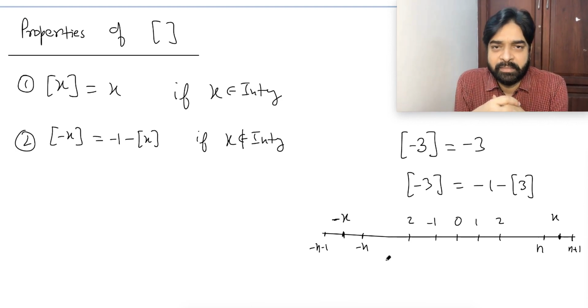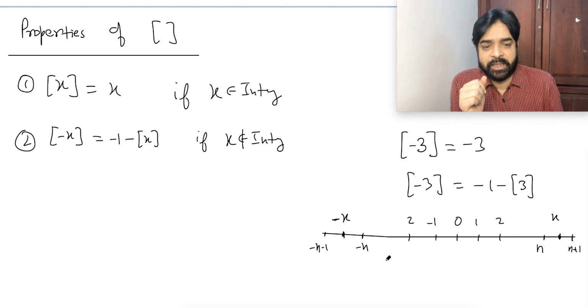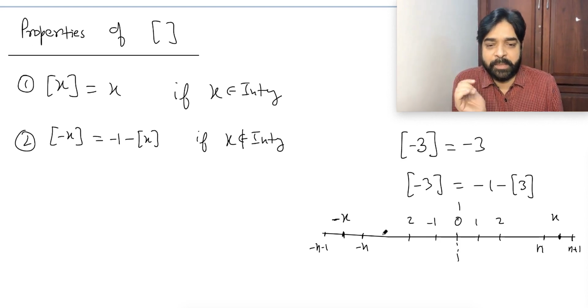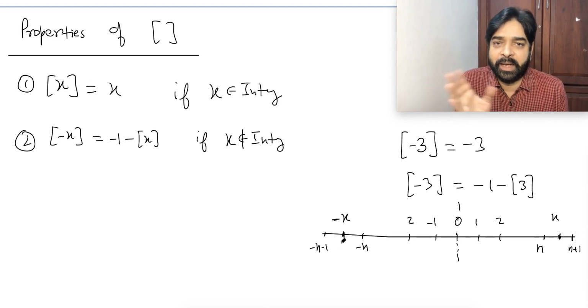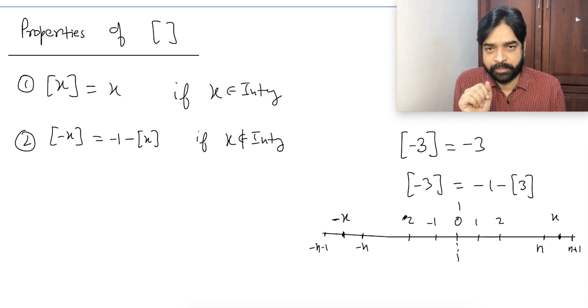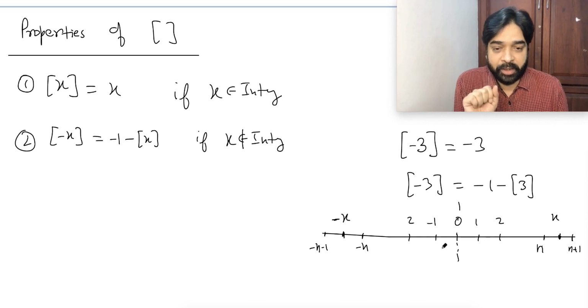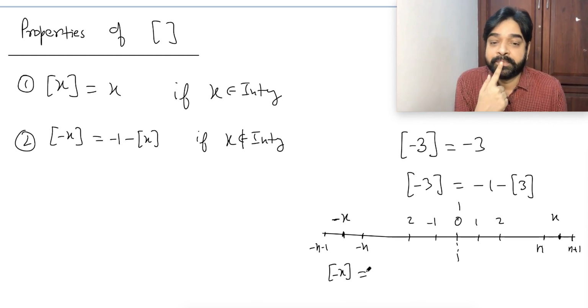If you take a mirror image with respect to origin, this image will come first and this image will come last. On the real number line, the left side of 0 is the mirror image of the right side of 0. Okay. Now think carefully. Greatest integer of minus x will be what? Look at this, the left side integer. So what do you say? Minus n minus 1.